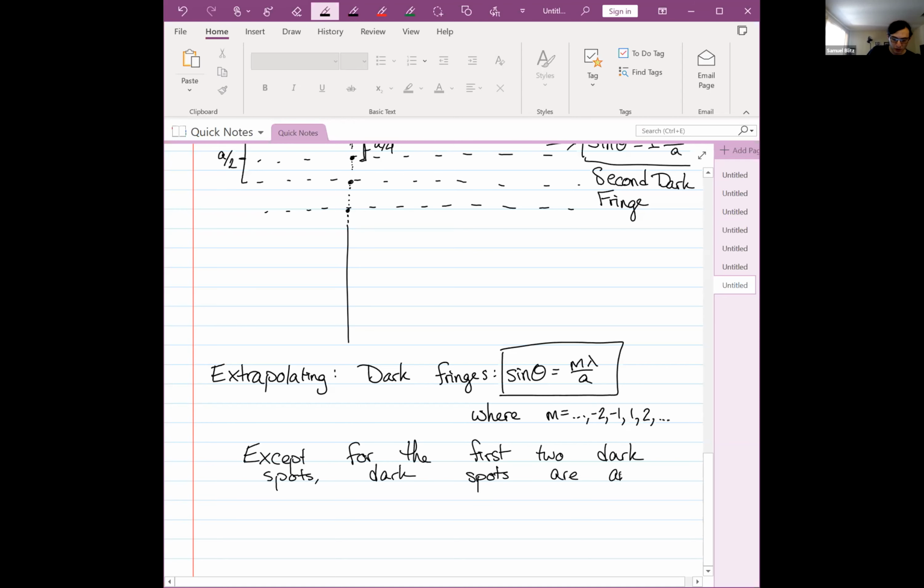They're angularly equally spaced. For small angles, at least, they are just equally spaced. For large angles, you have to account for the fact that the sine of theta doesn't equal theta.